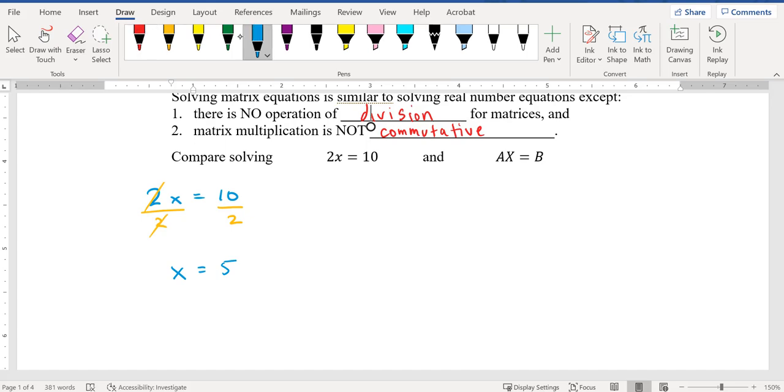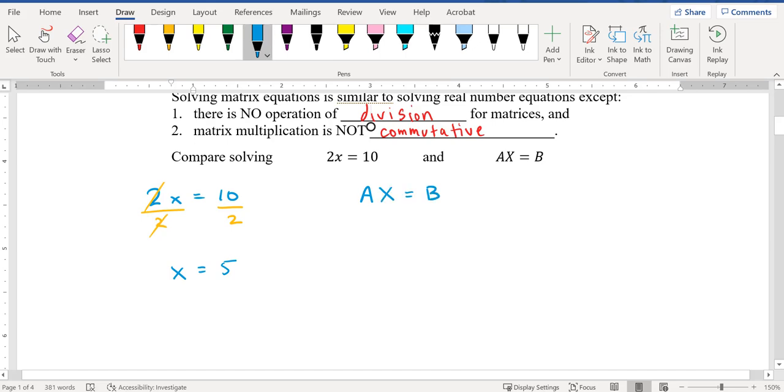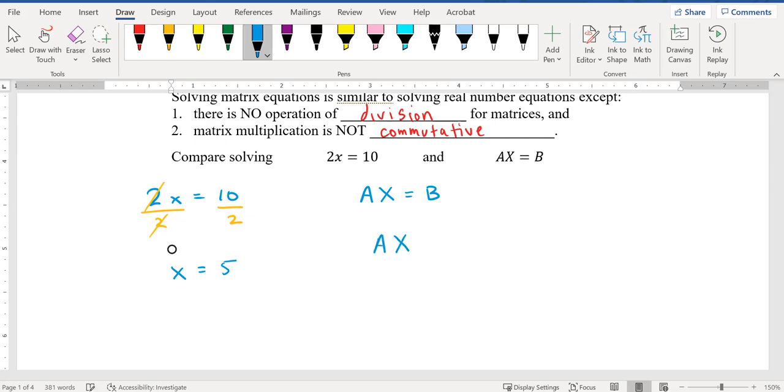But if we're solving a matrix equation, AX equals B, we can't divide by A. All we can do is multiply. So I'm going to multiply on the left of both sides of the equation by A inverse.